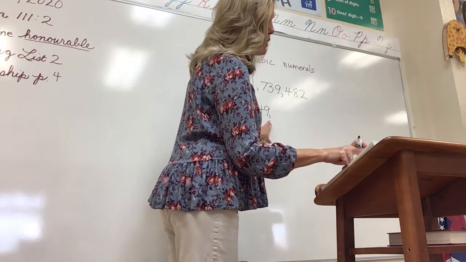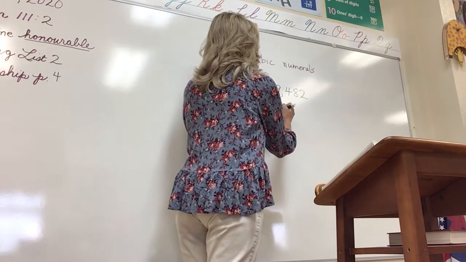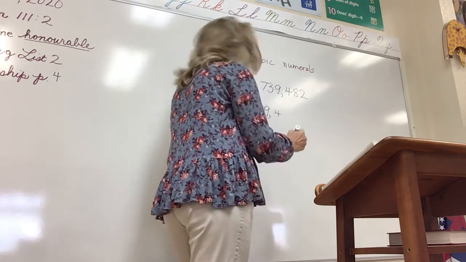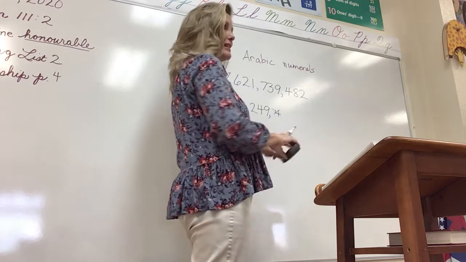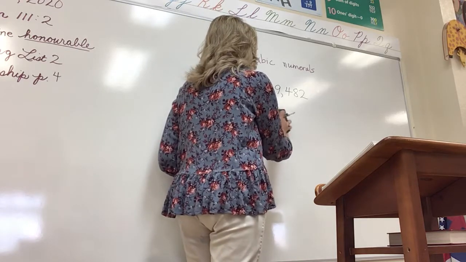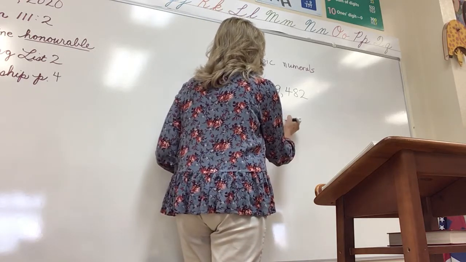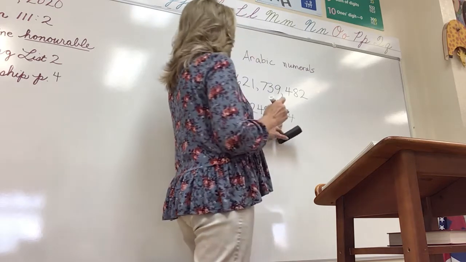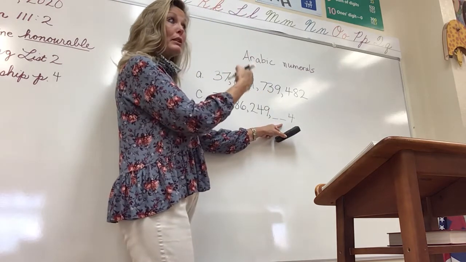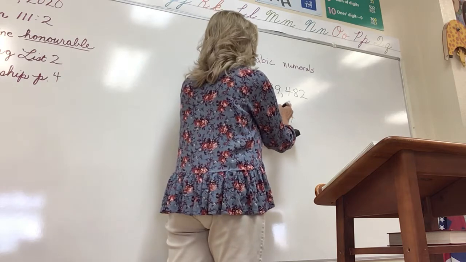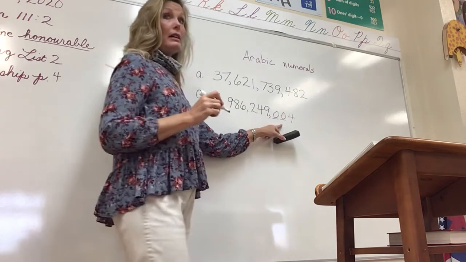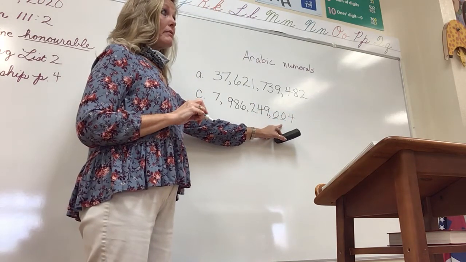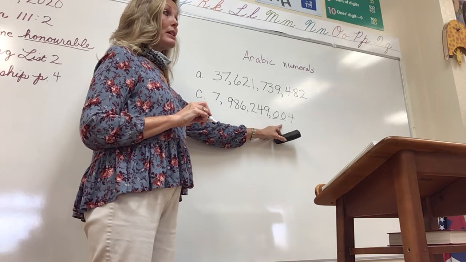And look what I've ended with, 4. But I can't put the 4 there, right? That wouldn't be right. I've got to have 3 places. So I'm going to put my 0 placeholders here. Okay? Does that make sense for C?